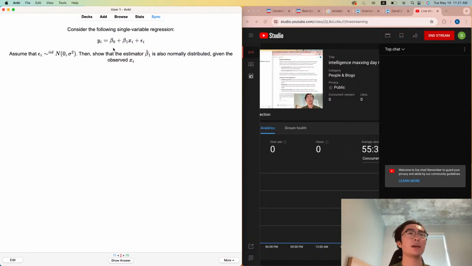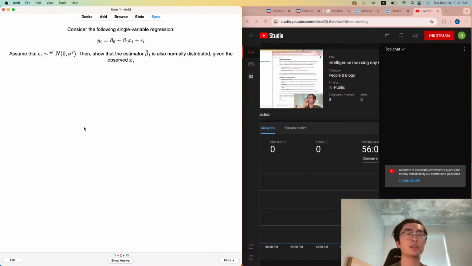If that's the case, then yi is normal and y hat is normal, and we can break down beta hat 1 into the covariance of xi, yi over the variance of xi. That is the sum of xi minus x bar times yi divided by the sum of squared residuals for xi. Then this can be simplified as the sum of c times yi.